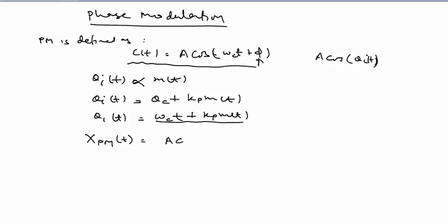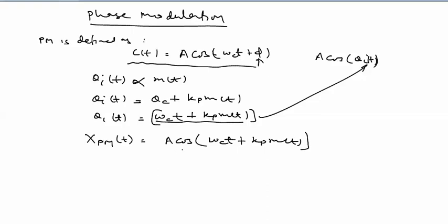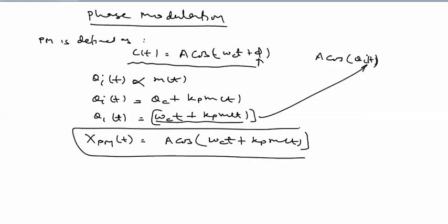So I can rewrite this expression with this complete term placed here: omega c t plus kp m(t). It means this expression shows a small amount of correction from the basic unmodulated carrier.